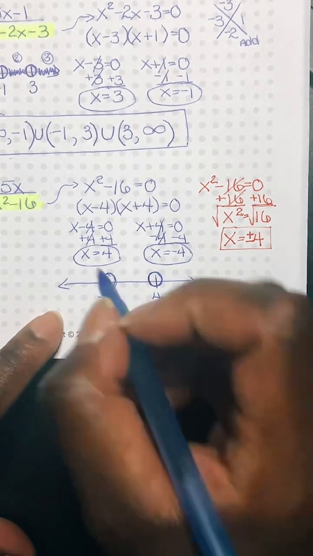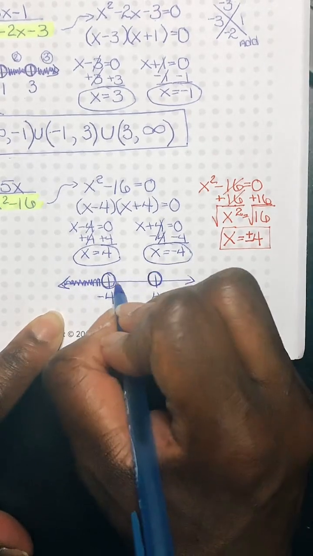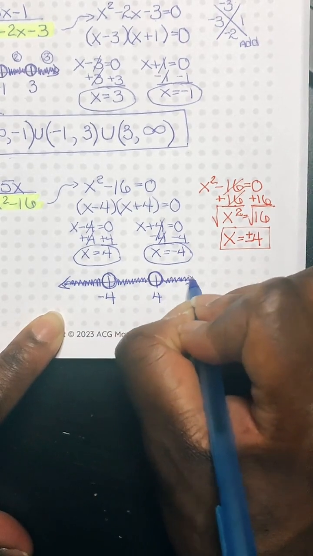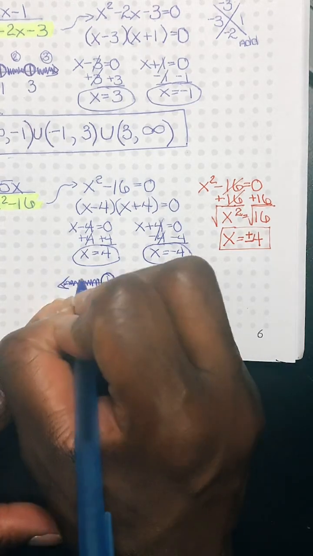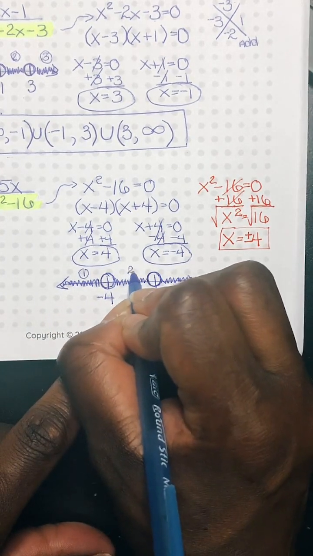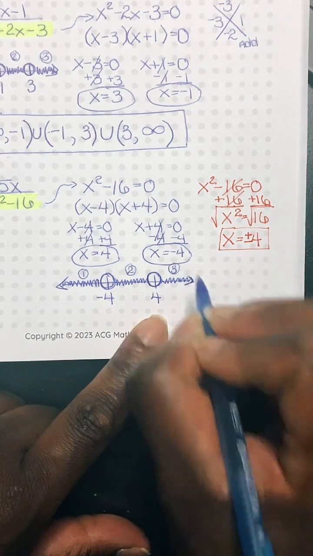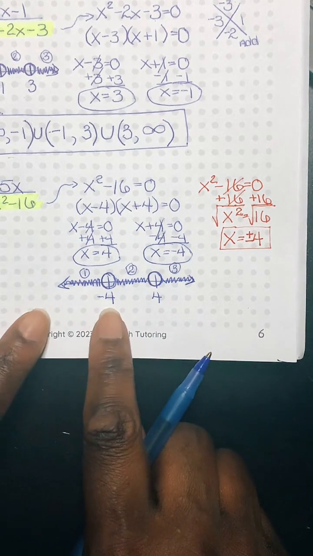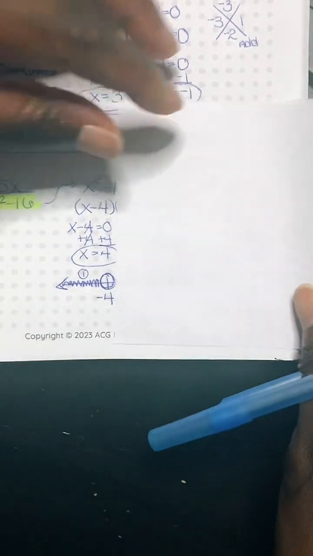So it can be numbers less than negative 4. It could be in between negative 4 and 4. And it could be greater than 4. So now we have one section to represent, another section to represent, and the third section to represent. So for the first section, okay, maybe it'll be best if I do it this way.